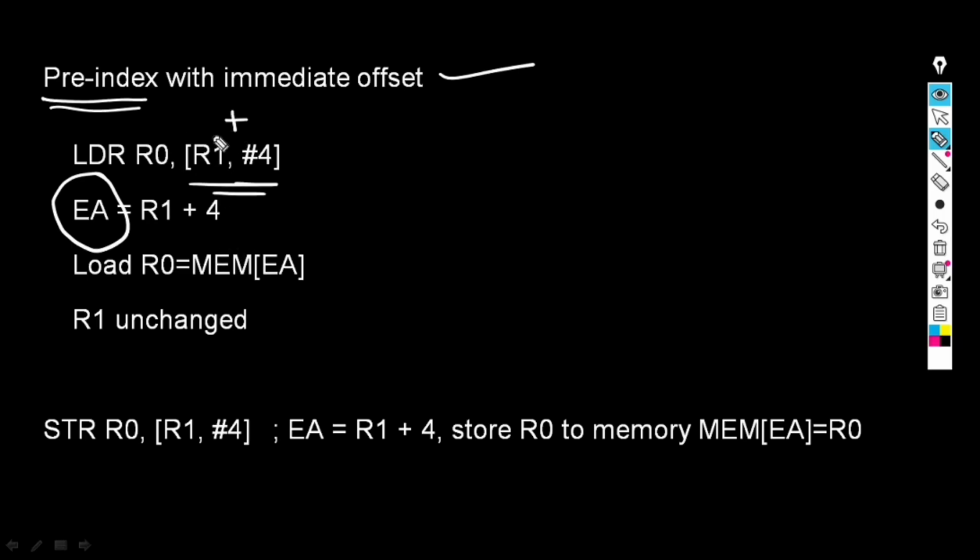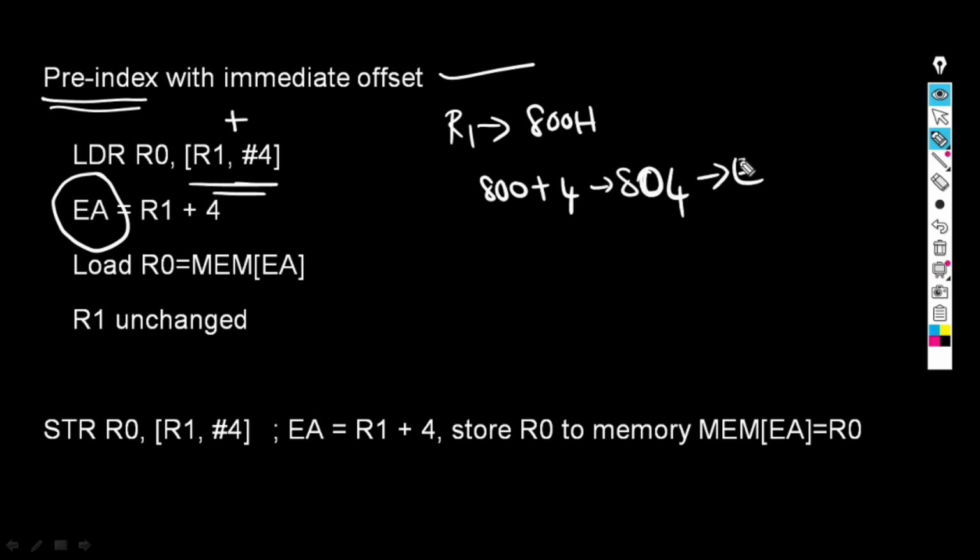Let's assume R1 holds the value 800H. Then 800 should be added with 4, and the result 804 should be considered as your effective address, the actual memory location from which you want to load the data.